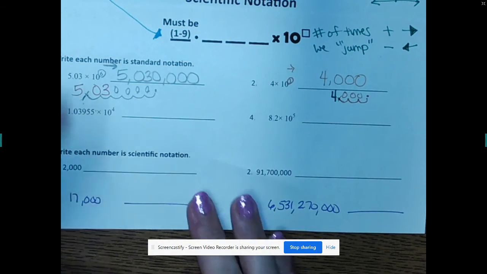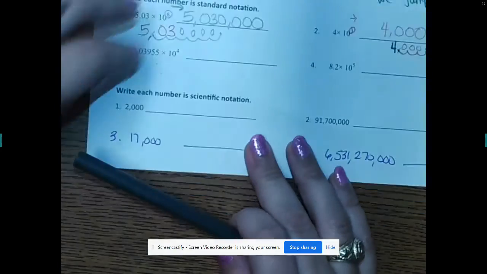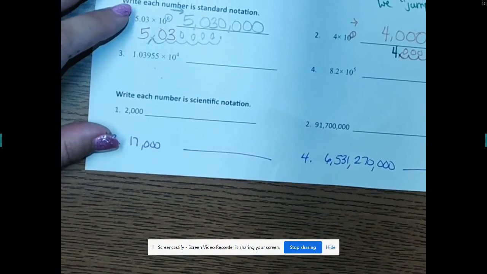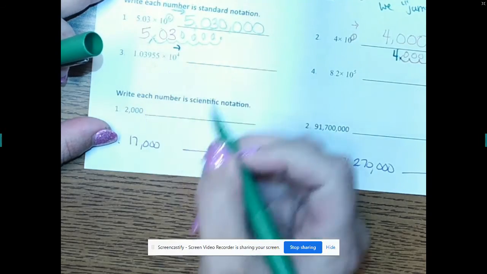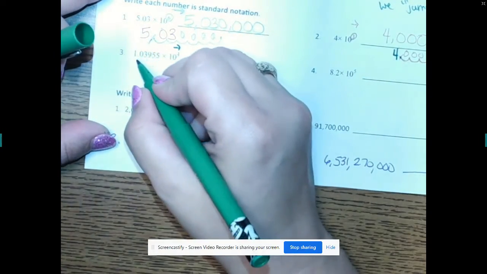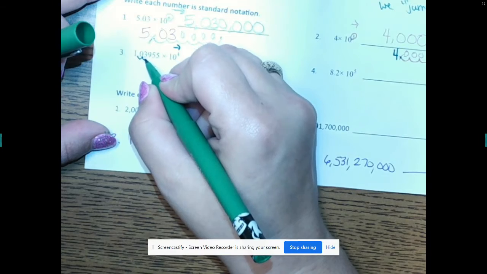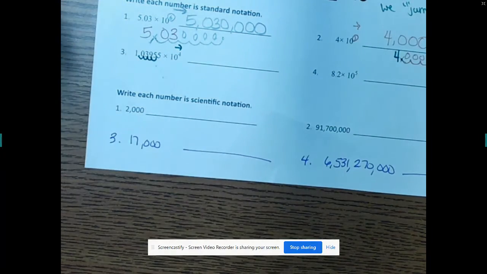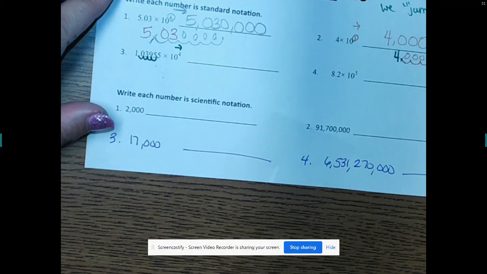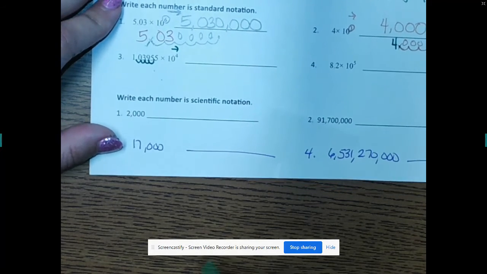All right. The next one, it's a big, long number. Positive 4, so which direction? Right. To the right. My old eyes just have a hard time. 1, 2, 3, 4. So now where is my decimal? In between what numbers? In between the 5s.